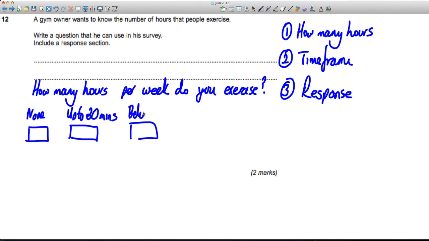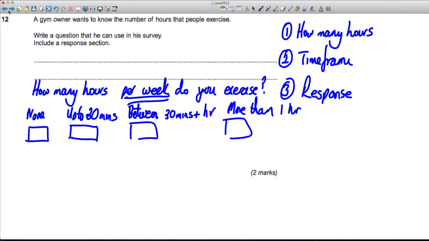Between 30 mins and an hour, and then the last, more than 1 hour, something like that. Or you could have done it in different increments as long as they don't overlap and you've given a time frame.